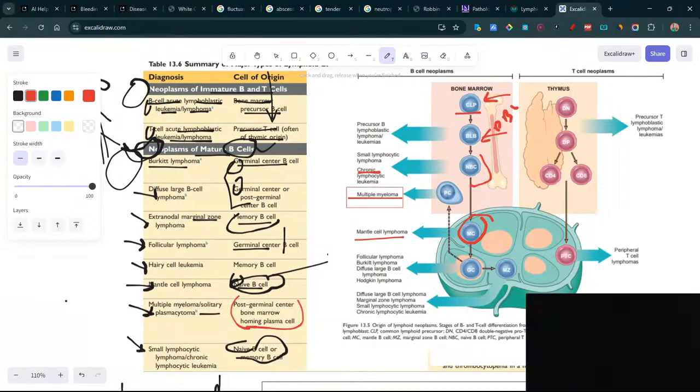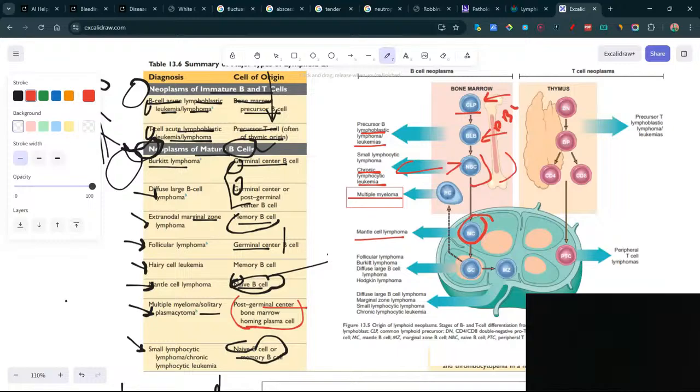Chronic lymphocytic leukemia here, precursor lymphoblastic leukemia, and mantle cell, post-germinal center, bone marrow.